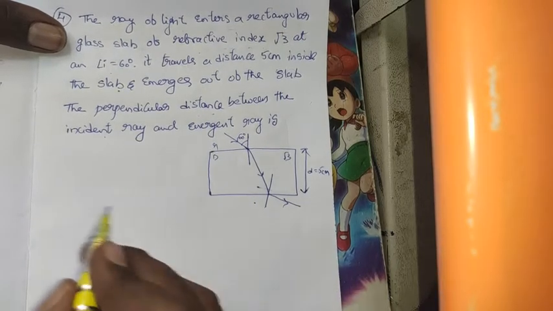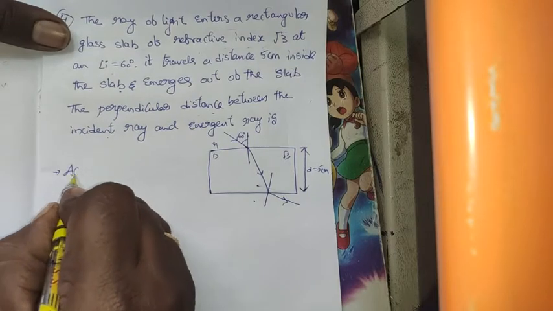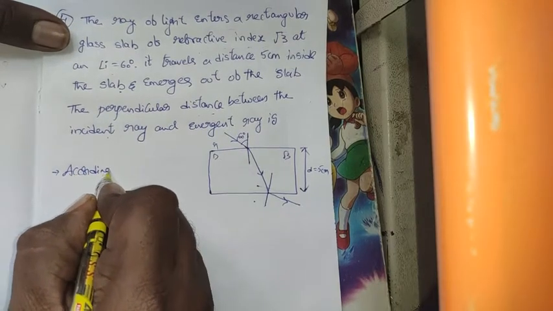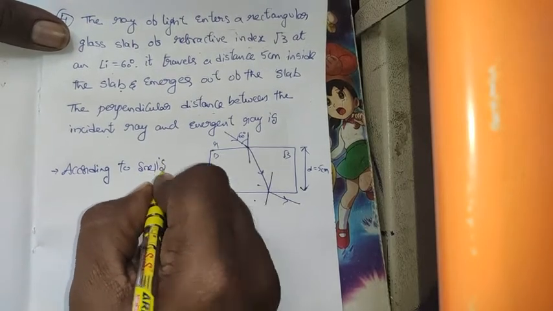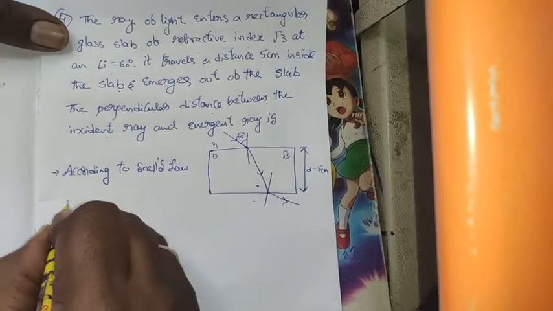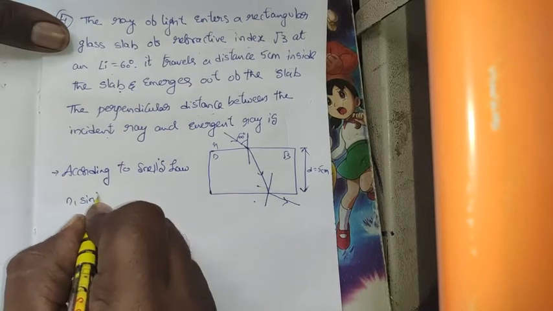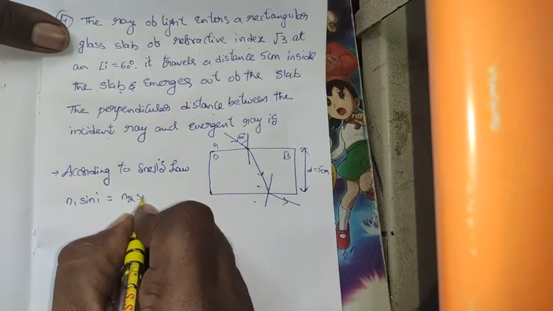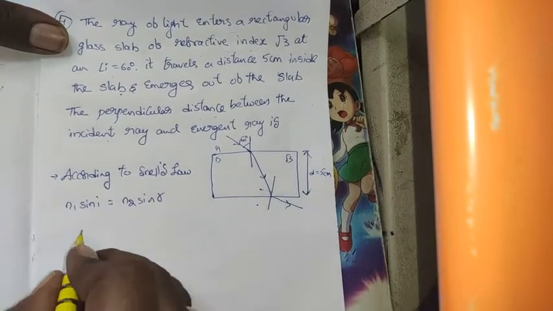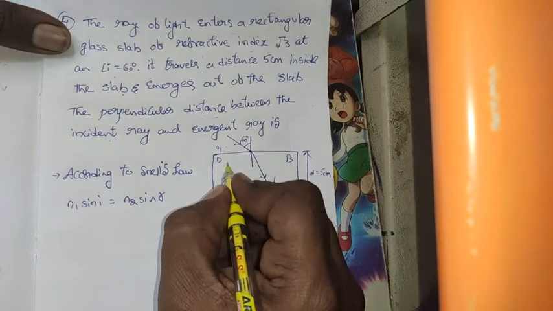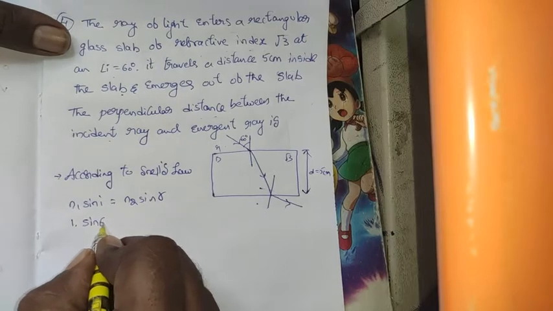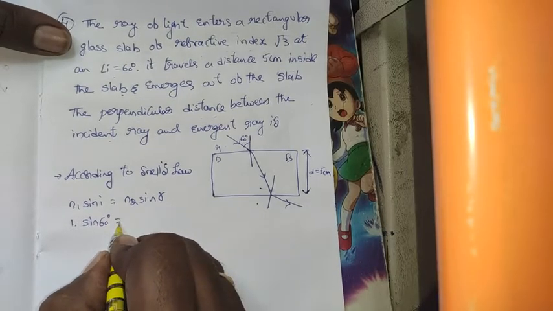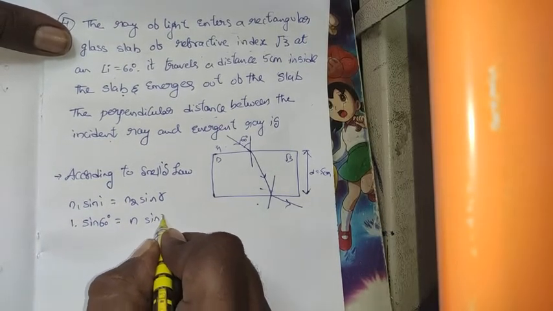First of all, here we need to apply Snell's law. According to Snell's law, N1 sin i equals N2 sin r. Light is coming from rarer to denser, so the refractive index of air is 1 and the incident angle is 60 degrees, and N2 is root 3, with sin R1.